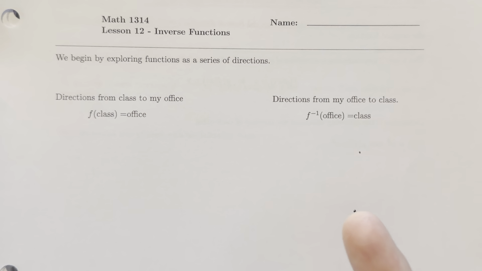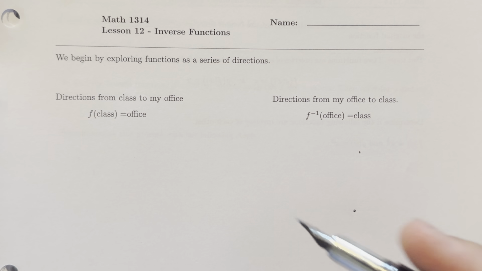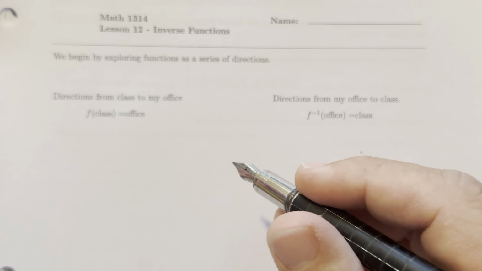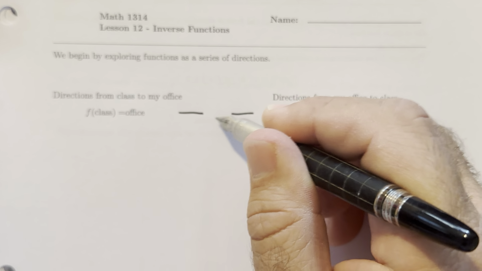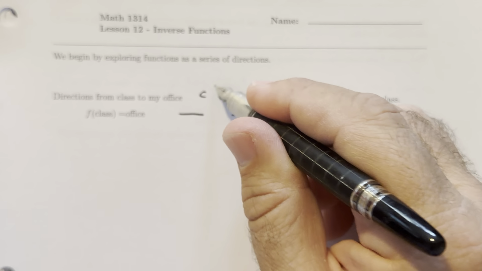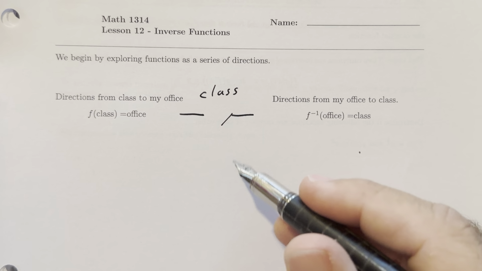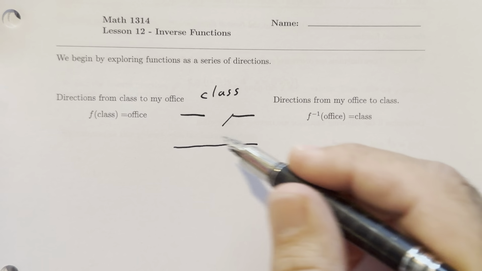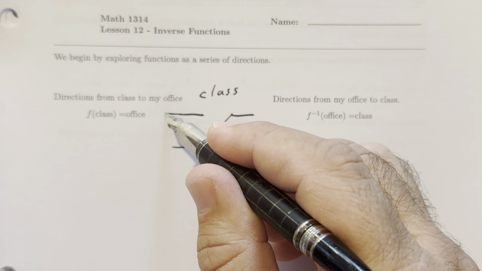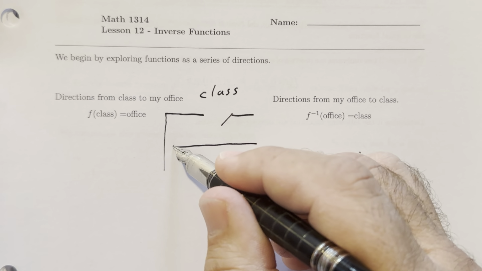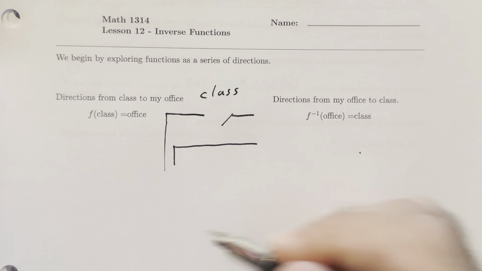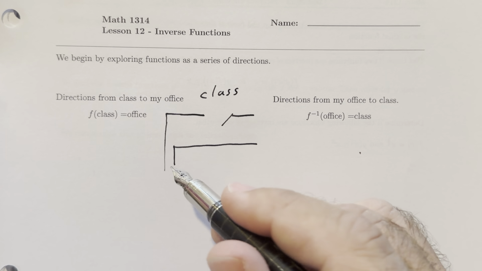One way to think of this is map directions. So for instance, let's say you're in a class and there's the door, and we'll say there's a little hallway here, and then over here we'll do another little hallway, kind of a small hallway, but that's okay.